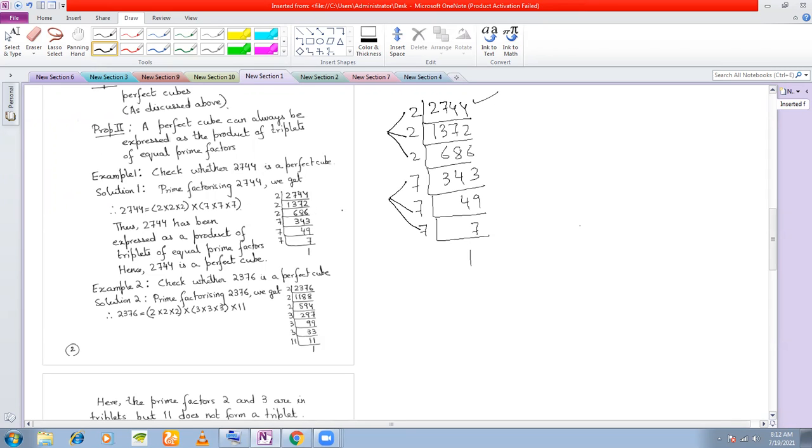So how many triplets have you got? This is one triplet, and this is another triplet. You've got two triplets, 2 and 7.